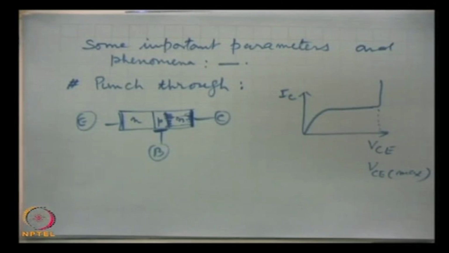Transistor action, which is fundamental for the transistor, continues as long as we have the three regions: the emitter region, the base region and the collector region.